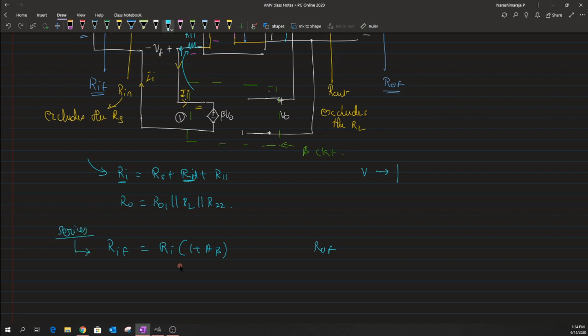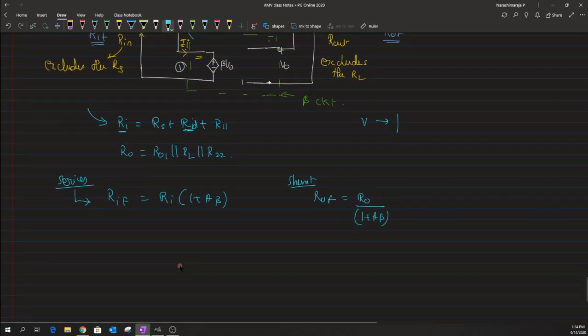Just because the input has a series connection, whereas the output basically has a shunt connection, the output impedance would be reduced by a factor of this 1 plus A beta.